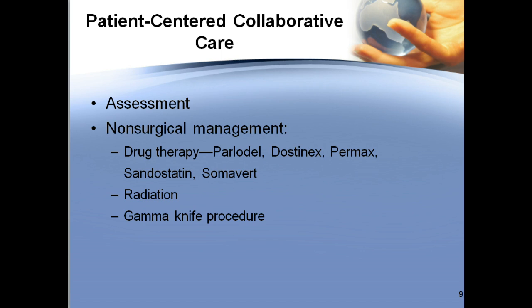In most cases, when a person has a small tumor, they use radiation and therapy to try to decrease it so it won't be making the pituitary gland so hyperactive.